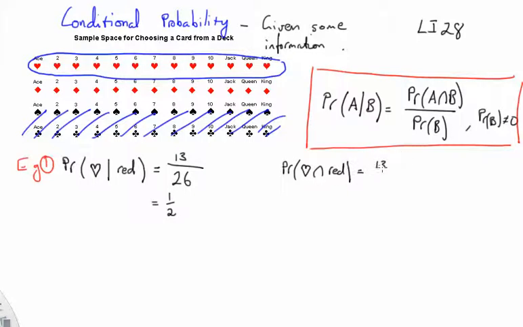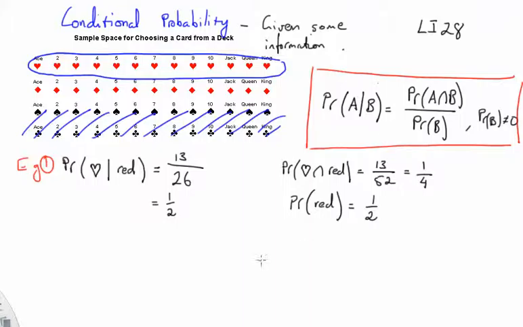So it's 13 out of 52, which equals a quarter. Now, what's the probability of B, which in this case is drawing a red card? We know that's a half.